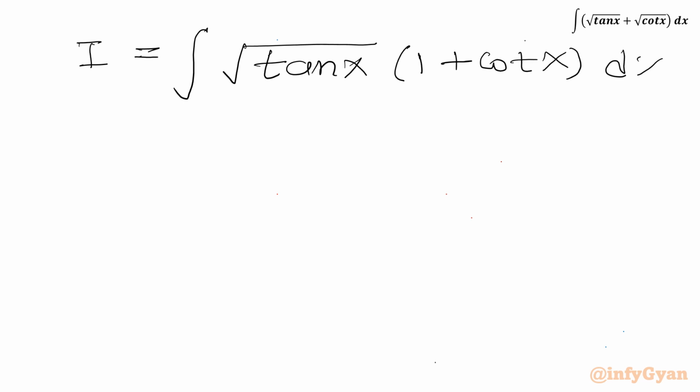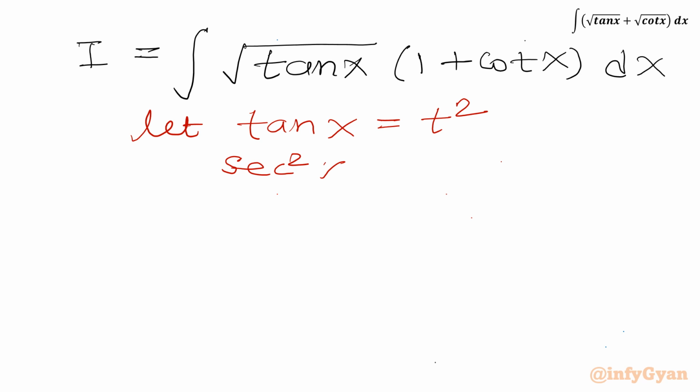dx. Now substitution time. Let me consider tan x is equal to t square. So differentiate with respect to x on the LHS, with respect to t on the RHS. I will be writing here sec square x dx will be equal to 2t dt.